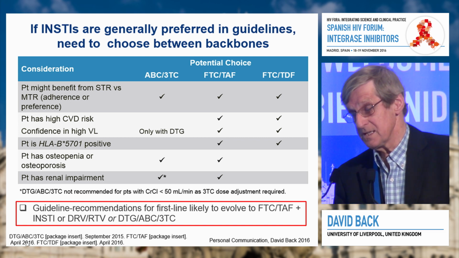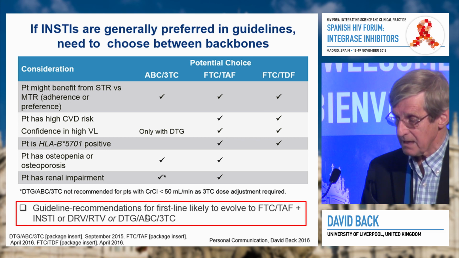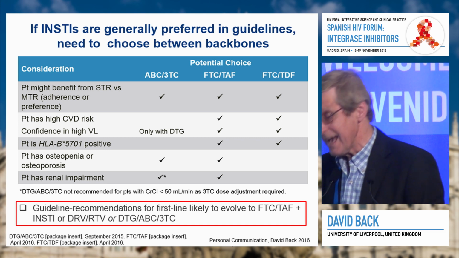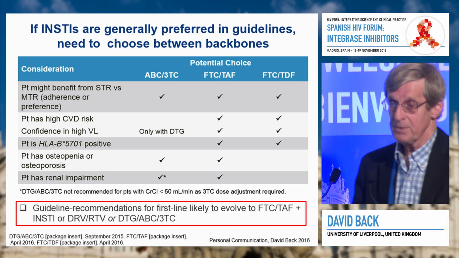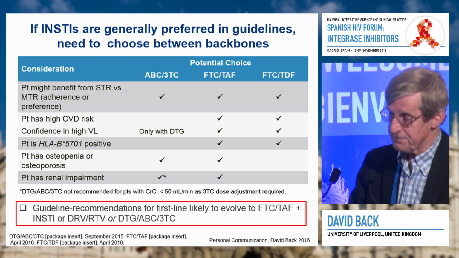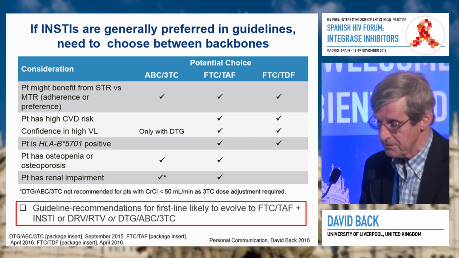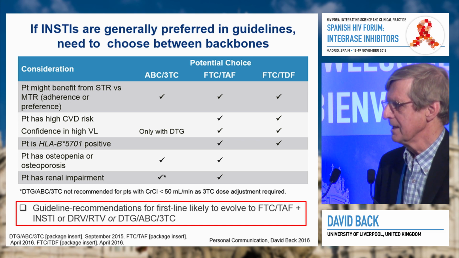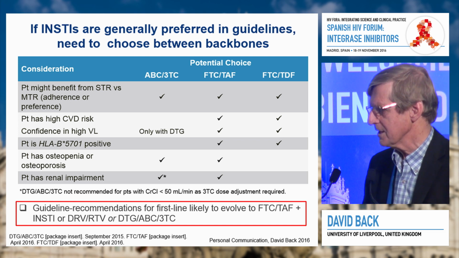And whether you think this is true or not, will the guideline recommendations for first line eventually evolve to FTC TAF plus an integrase inhibitor, or FTC TAF plus darunavir, ritonavir, or dolutegravir, abacavir 3TC, I think is an interesting one for discussion.